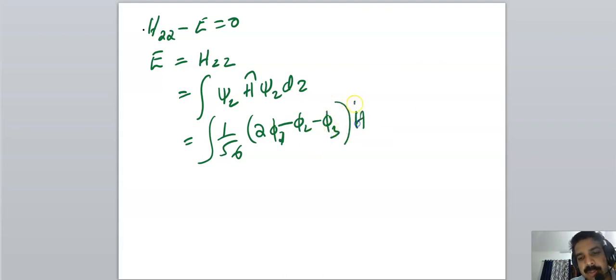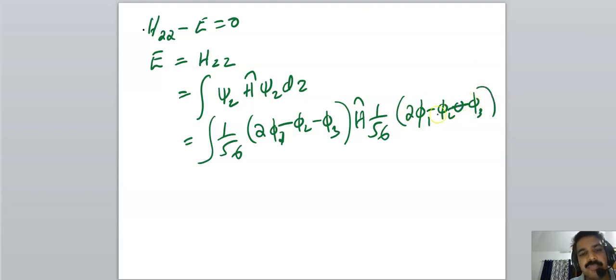Okay, H cap into again psi 2, that is 1 by root 6 into 2 phi 1 minus phi 2 minus phi 3. That is our integration dτ, and that is equal to 1 by root 6 into 1 by root 6. We can take 1 by 6 outside.